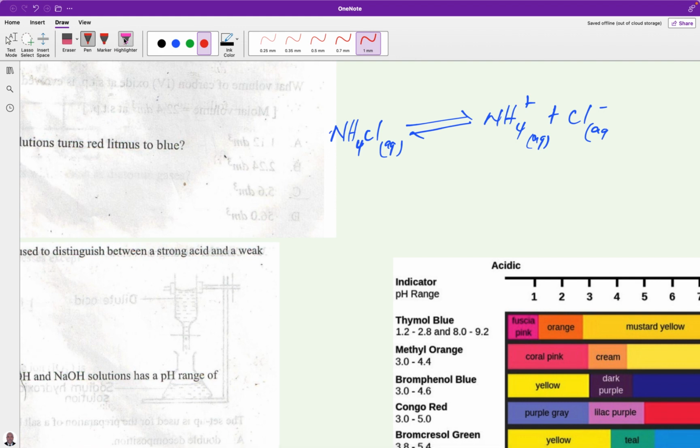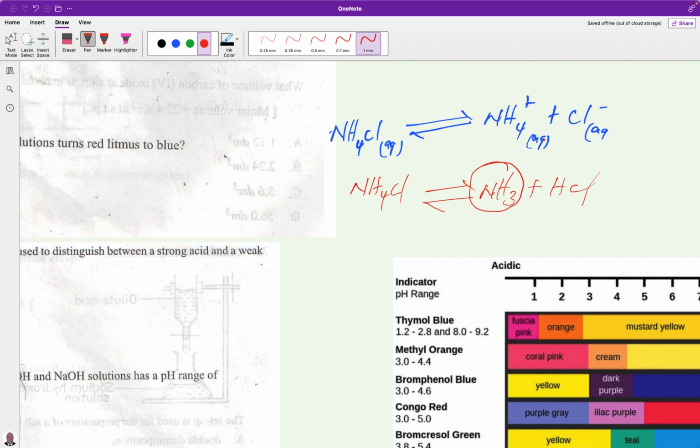Excuse me. In solution, these are the ions that are going to be formed. But practically, if it is not in solution, you will have this. When this reacts, it is going to give this one here.